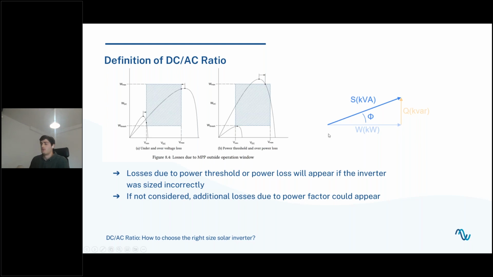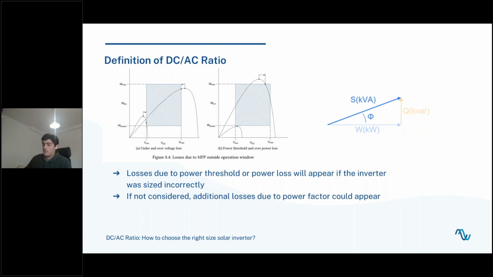Also, I wanted to add one image that is related to the power factor that the inverter has, as we will need to consider the power factor when defining the DC-AC ratio. Why do we have to consider it? Well, from the DC field, we will have a certain active power reaching the inverter.